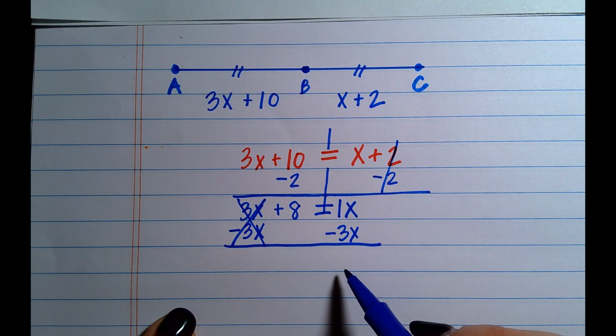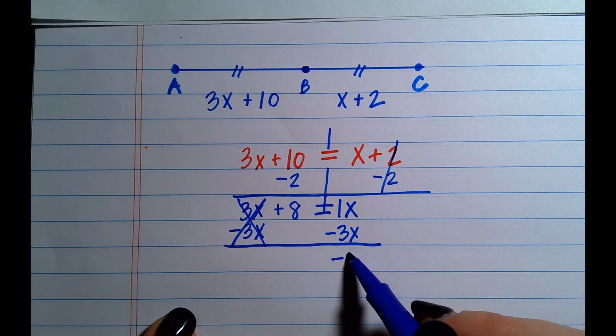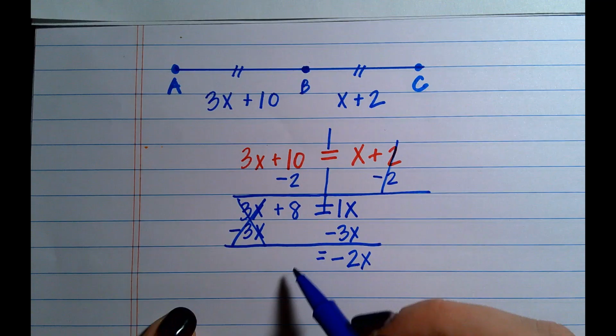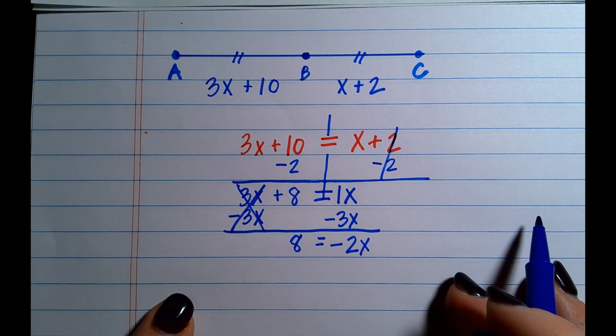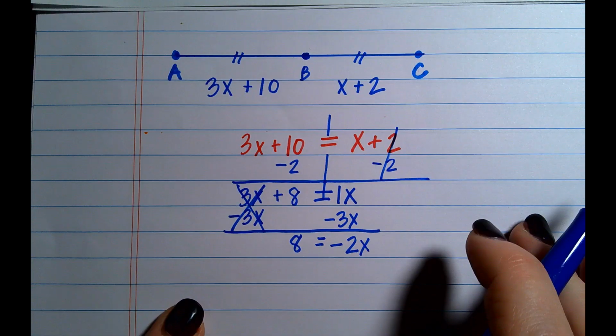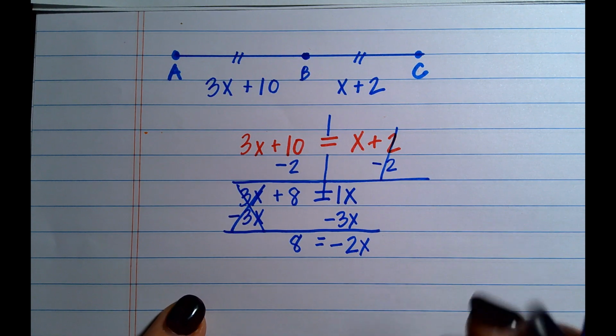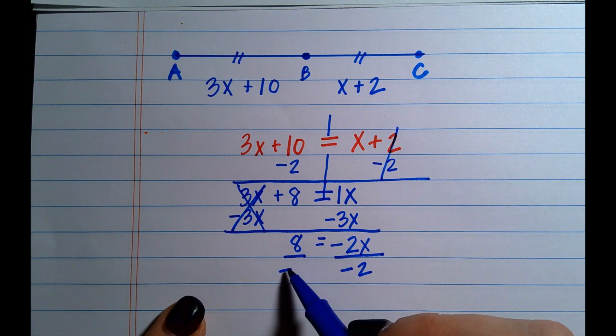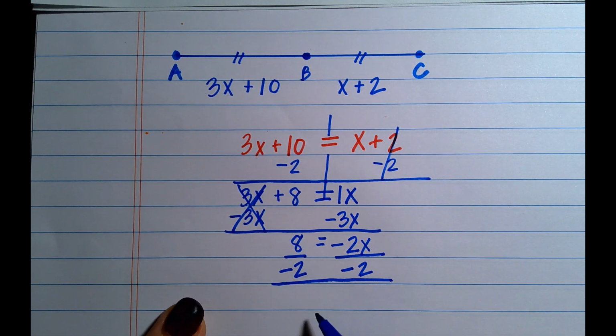What will that give us? Good, negative 2x. Bring down my equal, bring down my 8. One last step. Divide by negative 2 on both sides. And x equals negative 4.